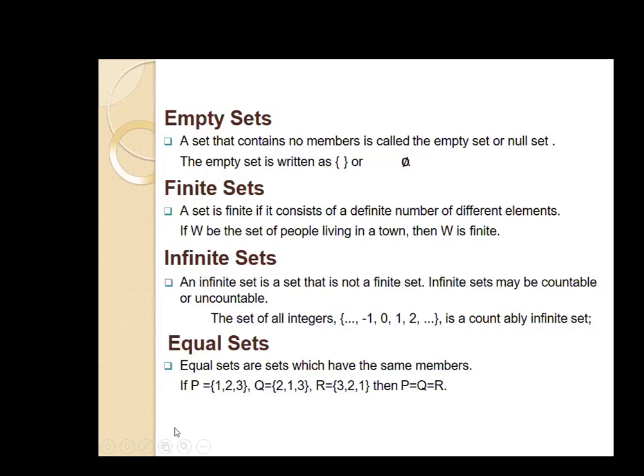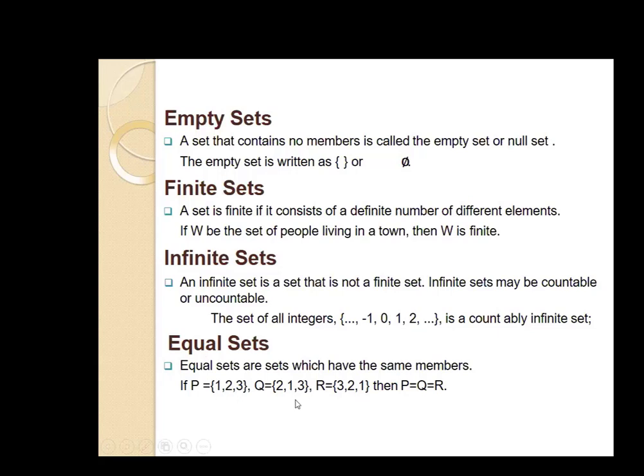In the end, there is another set, the equal set. What is an equal set? Equal sets are sets which have the same members. If there are two sets, they have to have the same objects. Like P is a set which contains the objects 1, 2, 3. Q is a set which contains 2, 1, 3, and R is another set which contains 3, 2, 1.